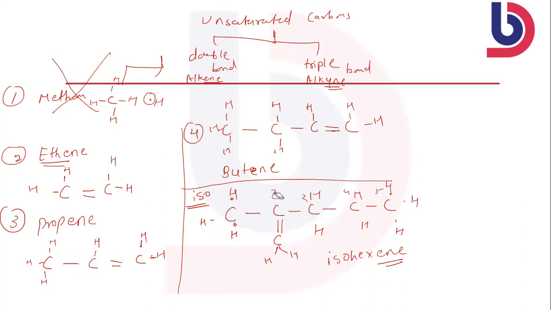And one more thing for the numbering part. For writing the proper name, in whatever sequence you have the number of carbon chain, from that you can start the numbering. Suppose if you check here, this one is branched, so we can start from here also, 1, 2, 3, 4, 5, and this one will be 6.